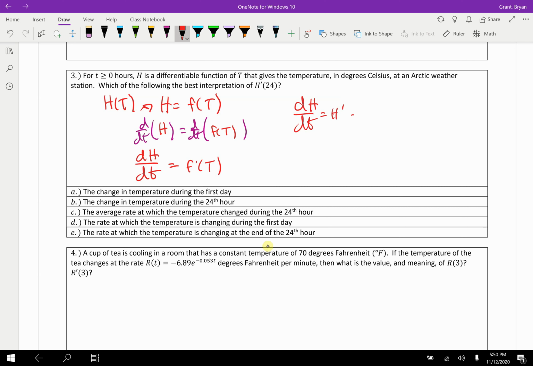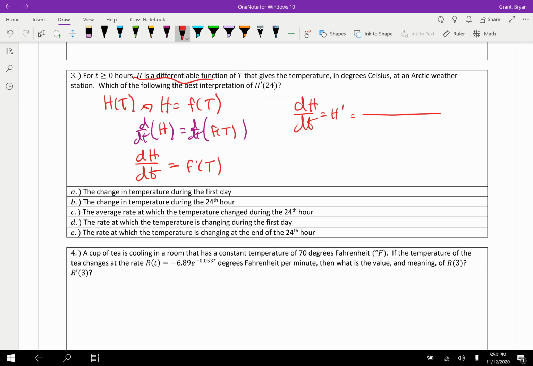Okay, and in terms of units, the top of our fraction, the change in h, what is h? It gives the temperature in degrees. H is a differentiable function of t that gives the temperature in degrees. Which of the following is the best interpretation? So this is pretty tricky here. My guess is that t stands for time.